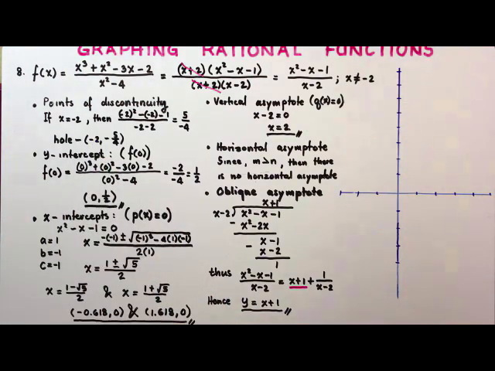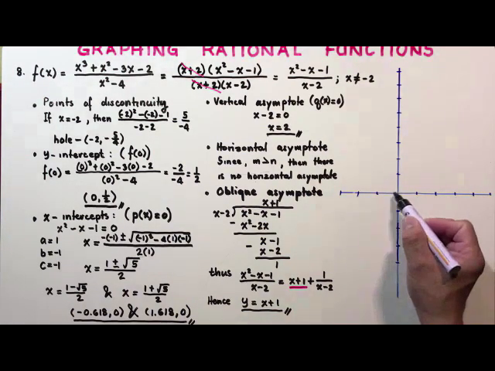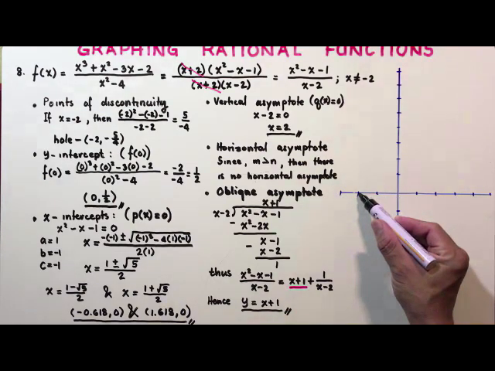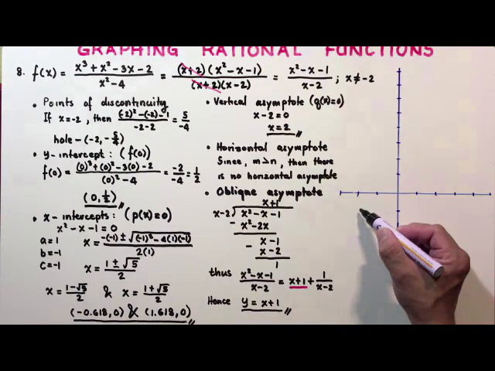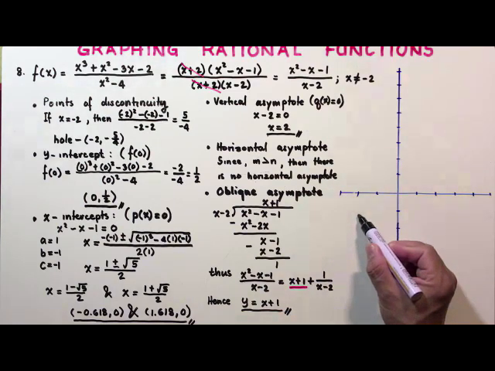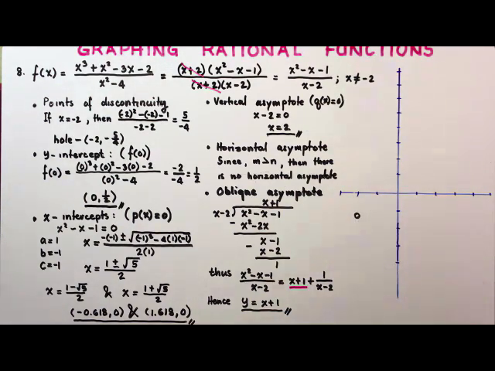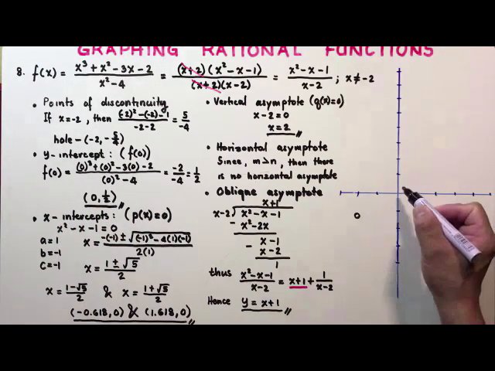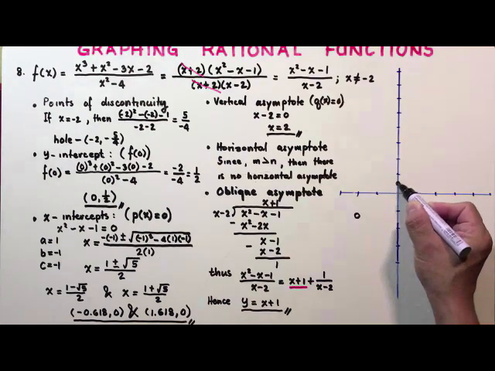Now, plotting this point of discontinuity, which is at the point -2, -5/4, so we have -1, -2, and then -5/4. 5/4 is -1 and 1/4, so somewhere here. And then we may plot also our y-intercept, which is at 0, 1/2, so it's here.